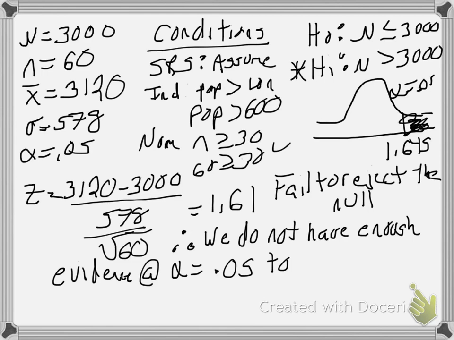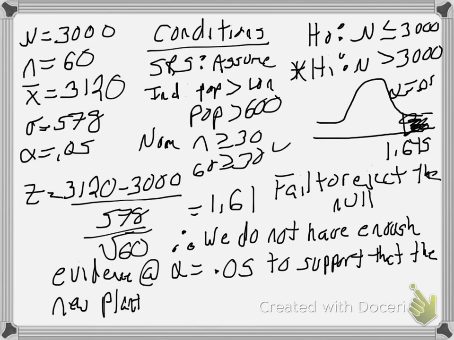So this is H1, so we do not have enough evidence to support that the new plant food increases production. That's it. That's that problem.